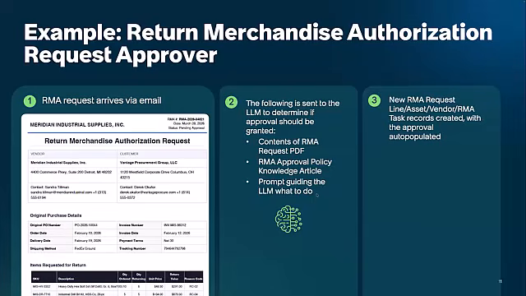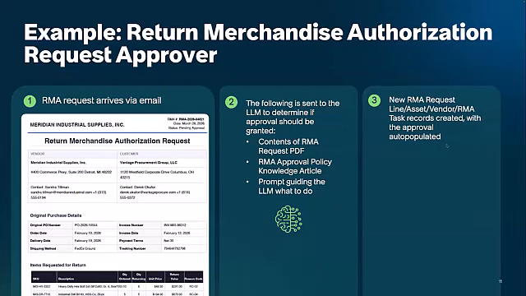And then we also have a prompt guiding the LLM what to do with these two data sources, i.e., we'll be creating a JSON object that contains all the information of all the assets, the vendor, all that stuff that it was able to pull out of the record, and then says also, based upon the policy knowledge article, should we auto approve it, or does this require a manual review to see if it fits within our refund policy?